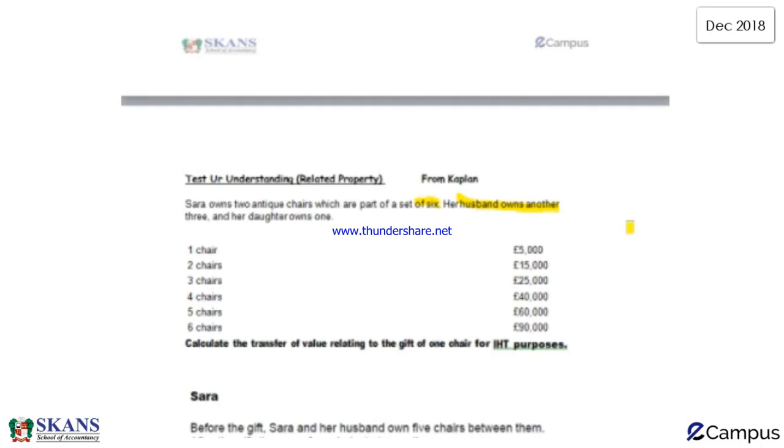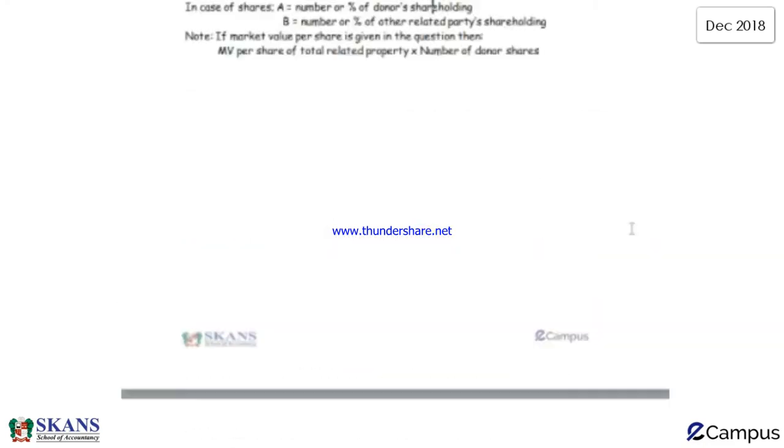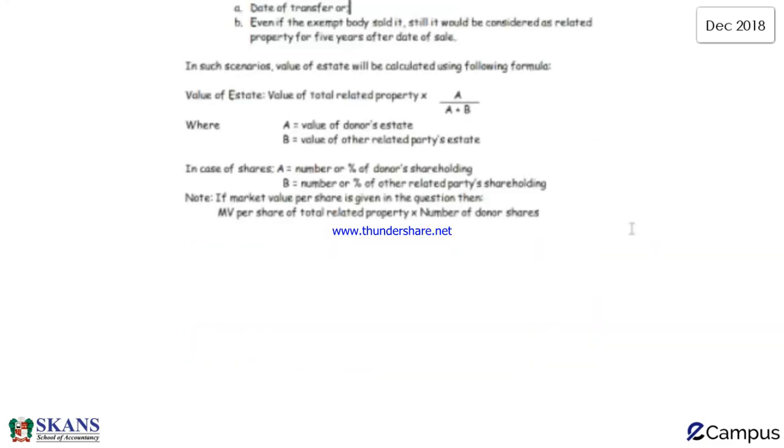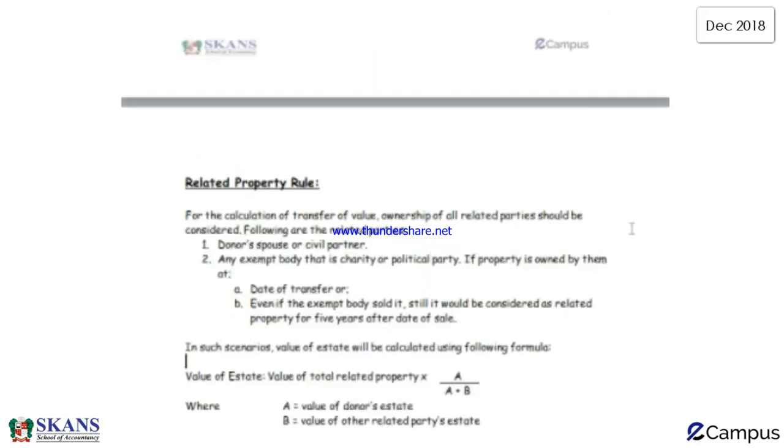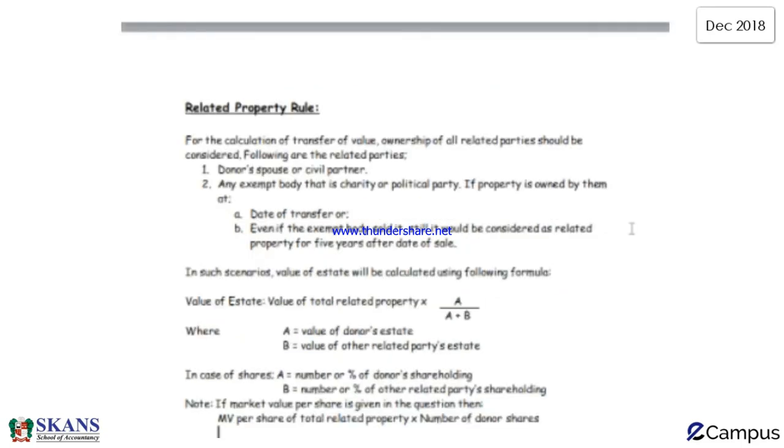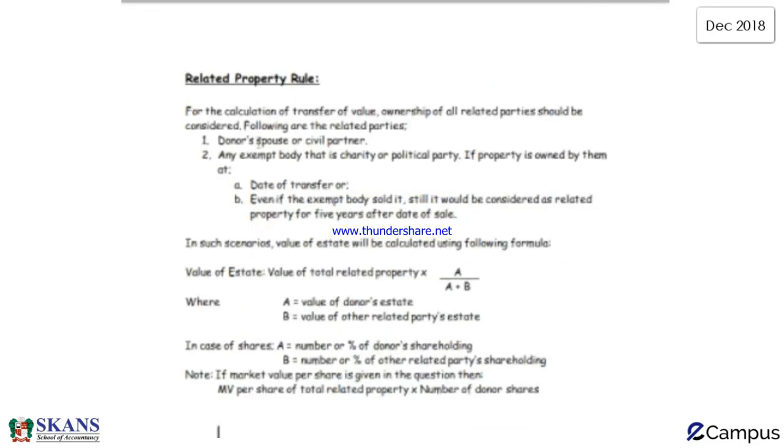So, first of all, let me tell you who are the people who are considered as related parties. That would be either the client's or donor's spouse and civil partners, or an exempt body, that is a charity or political party.